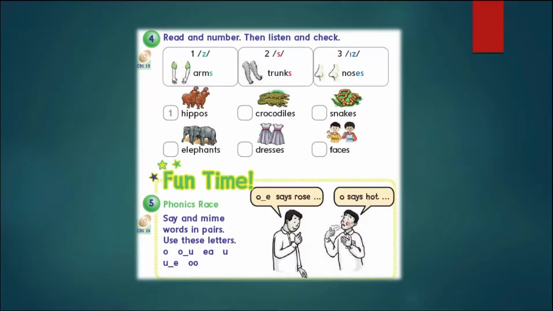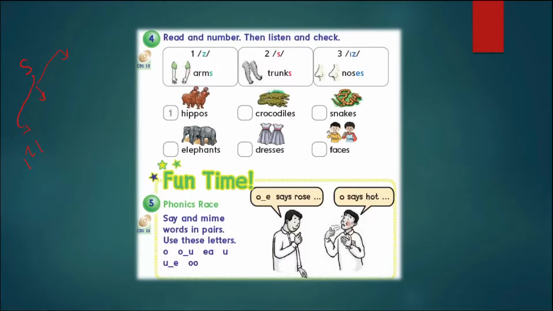In this page, guys, we need to learn how to sound the letter S at the end of the word. If you remember, I told you about that in the first semester. If the word ends with the letter S, it has three pronunciations. The first one is z.